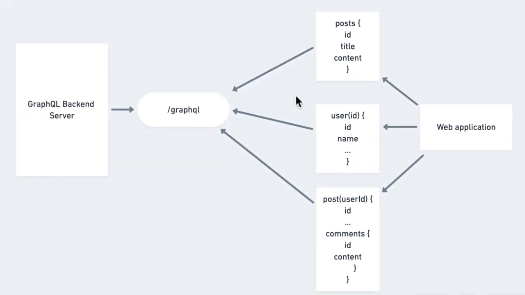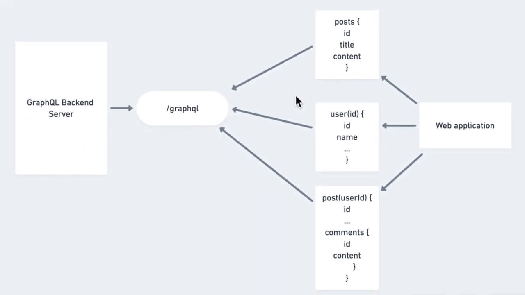Now, right away, just by looking at this image, what we see is that instead of having multiple different endpoints that we can hit from our server, our GraphQL server just exposes one single endpoint, usually called the /GraphQL endpoint. And from this endpoint, our application makes all of its requests for all of its data, whether to get data, update data, create data, or delete data, all to this one endpoint.